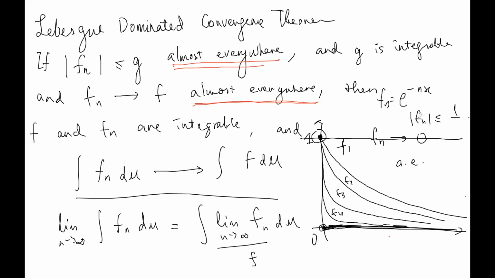But you could also find some other functions, such as, for example, e to the minus x over 2. So your Fn is definitely bounded by this, almost everywhere.